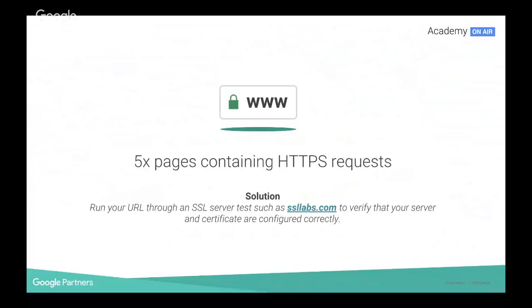So again, you can go back to this video and look at all of these steps again, or what you can do is refer your developer to Google PageSpeed Insights, where they can get some of these data points and some of these recommendations readily available. But I would suggest that if not anything else, if not redirects or HTTPS requests, just make sure that you focus on images.